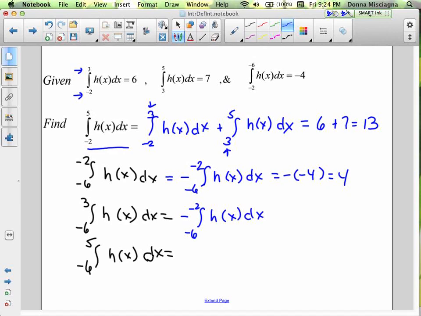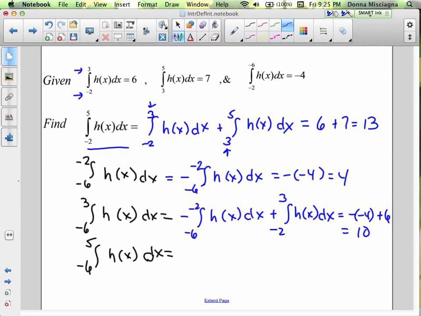So we could use that one. Notice this one is starting where the first one left off. So we would add the opposite of -4, and then +6. So that would give us 10.